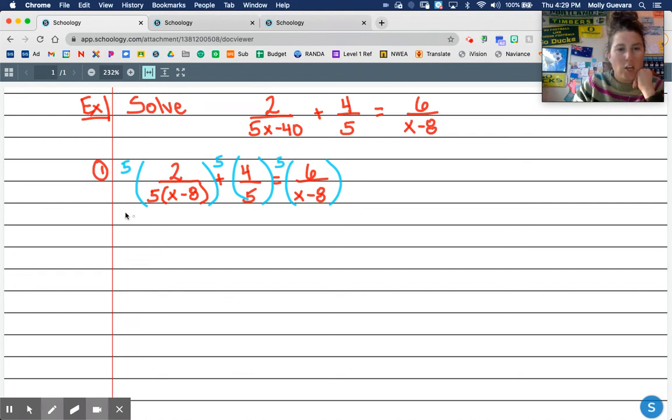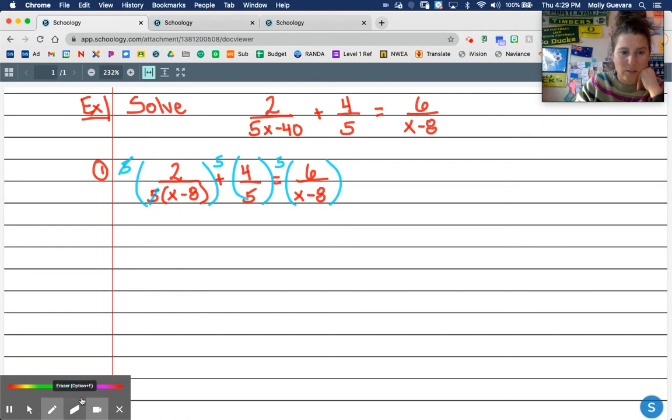Okay? So what happens is if I have a 5 on top and on bottom, they cancel. So here I'm left with 2 over x minus 8 because they canceled, right? Here I have a 5 on top and a 5 on bottom, so they cancel, and I'm left with plus 4.